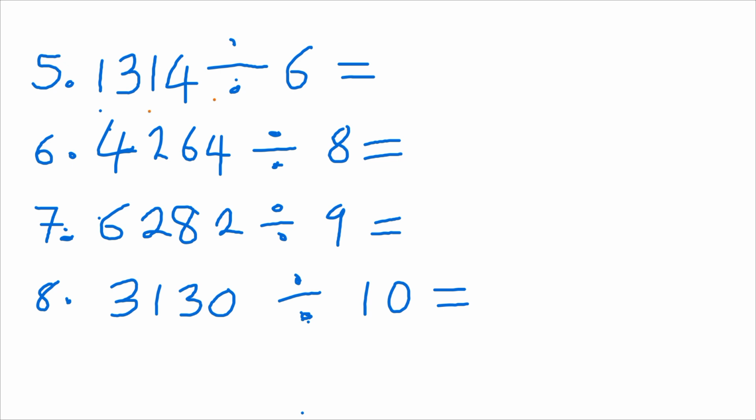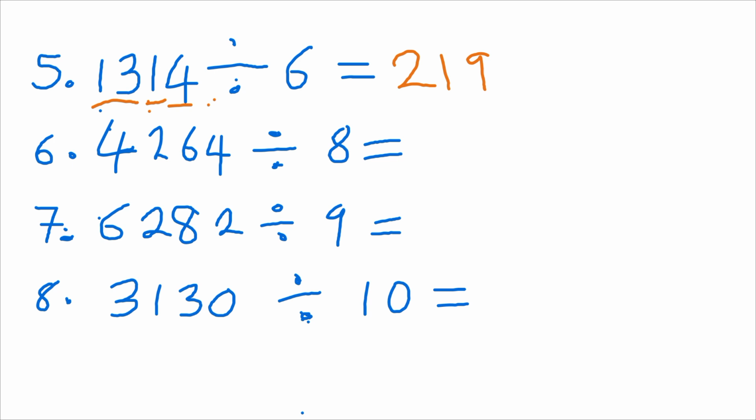And if we add all the digits, it is divisible by 3. 1 plus 3 plus 1 plus 4 will give us a total of 9. And 9 can divide 3 without a remainder. So since the last digit is even and the sum of all the digits is divisible by 3, then we know that that number can divide 6. So 1,314 divided by 6 will give you 219.